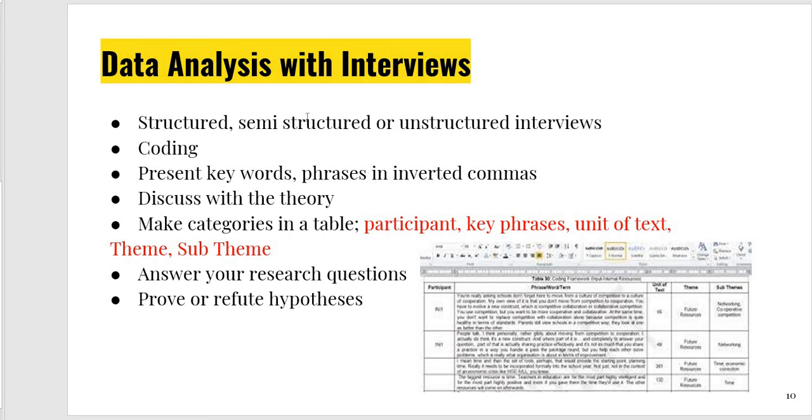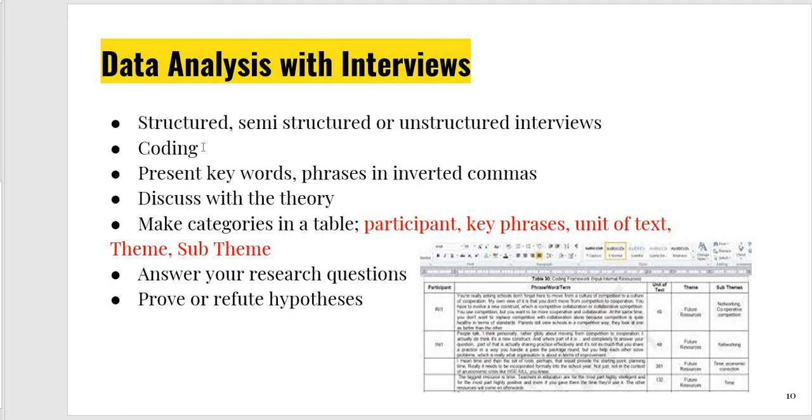You will have structured, semi-structured, or unstructured interviews. Structured means all questions have been written and you have informed the interviewee about those questions. Semi-structured means half has been written and half is unplanned. Unstructured interview means nothing has been planned and nothing has been informed. You just meet a person and ask questions.